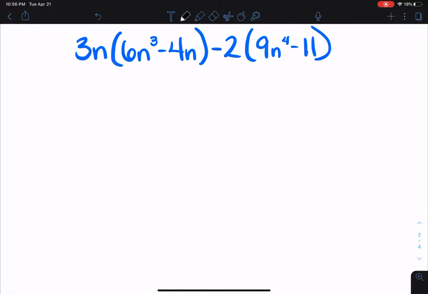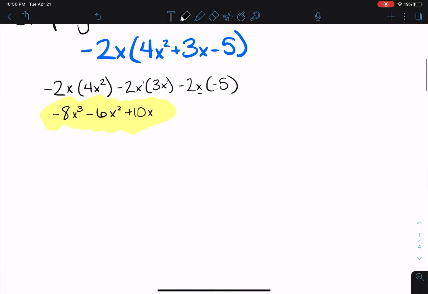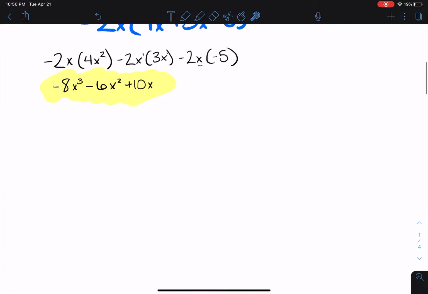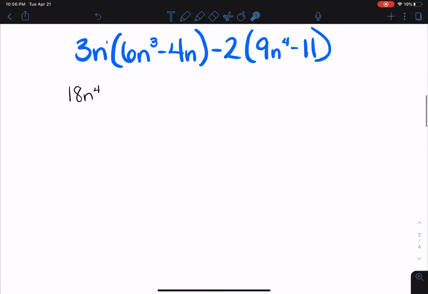Okay, so here we go with skipping some steps. So 3n times 6n to the third. 3 times 6, I know, is 18. N to the first times n to the third is going to be n to the fourth. Okay, so essentially I'm just getting rid of this step right here. We're just going to think about it in our heads.